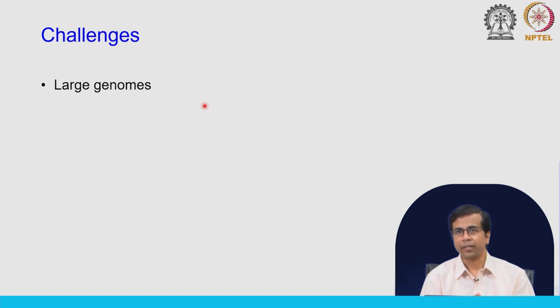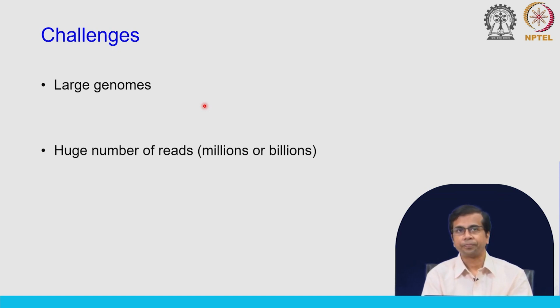So, what is the problem with big genomes? Why is that a challenge? Because then you have many potential locations where this read can come from. You have to check all these locations, and this takes time and computational resource. So, this is why large genomes are a challenge for us.